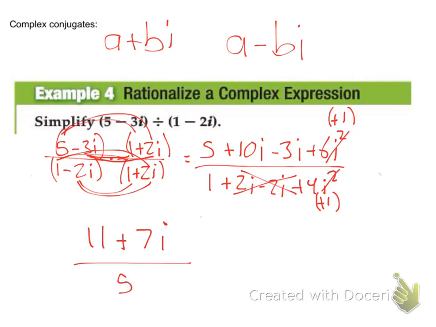We could do it this one way. CJ? Just separate 11 over 5 plus 7i over 5. Yeah. Separate, guys. It's a common denominator. I can separate them into their own fractions. And I'm going to change it just a little bit and make it 7/5 times i, so that way you can see a and you can see b. That is complex standard form. I was able to take a fraction that looks pretty complicated and create just standard form. Hence, this has fractions in it. It's not always going to have fractions in it.